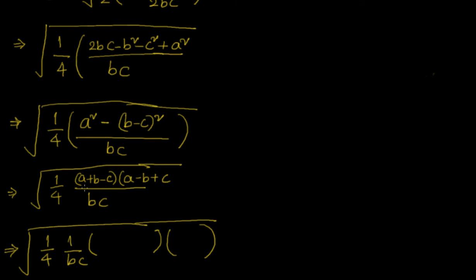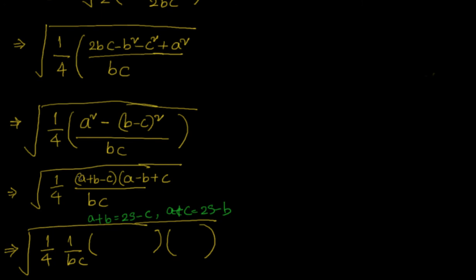I have A plus B minus 2C. Can I write A plus B is nothing but equal to 2S minus C? I can write it as A plus B is equal to 2S minus C. Similarly, A plus C equal to 2S minus B. I can write that.